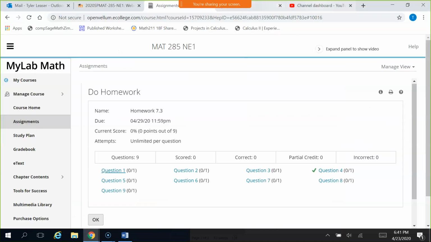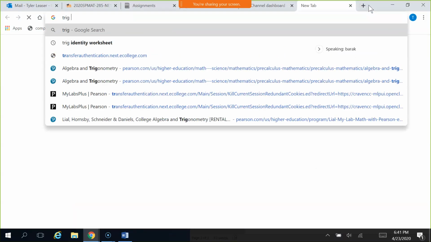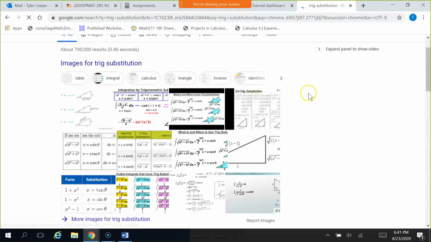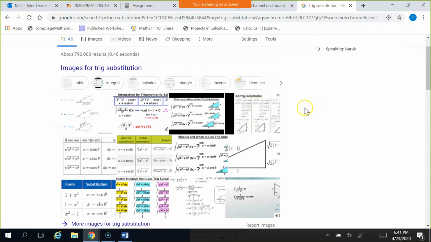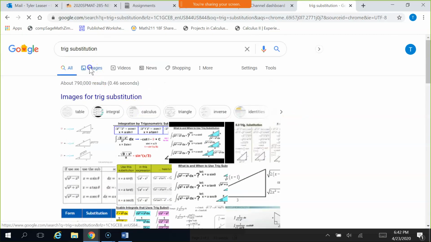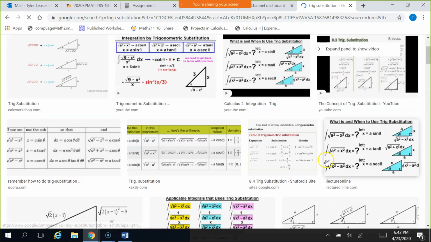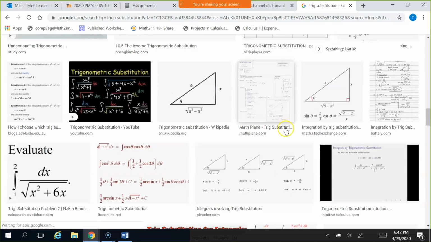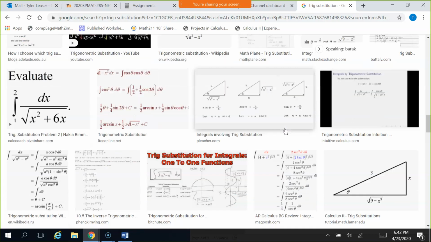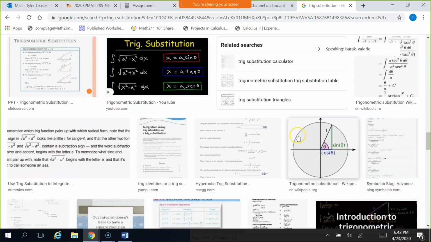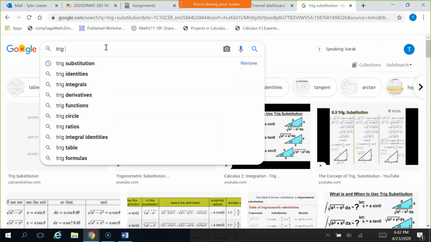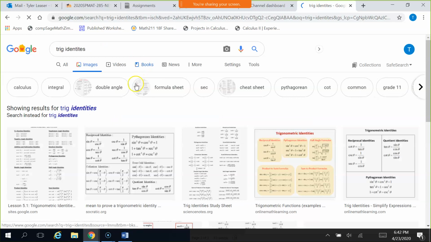Let's see if we can just find it. Trig. Wasn't that what I gave you just there? It is, yeah, but that was gross looking. I was trying to find the sheet that I gave you guys. It should be on here somewhere. Maybe it's instead of trig substitution, trig identity. Yeah, this one. See, first one.